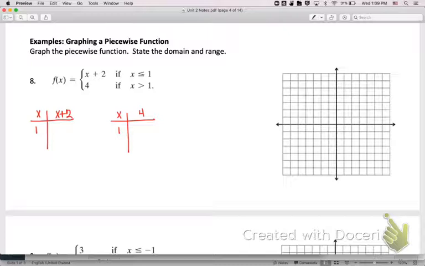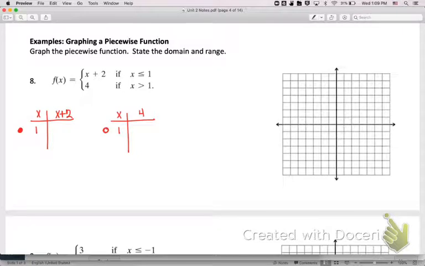So for x plus 2, that's when x is less than or equal to 1. Equal to means I want a solid dot at that starting point there. But for 4, it's only greater than 1, not equal to, so I need an open circle when I draw my first dot for that one. I always set it up like this. I always decide open or closed at this point right off the bat. It'll save you in the end, I promise.